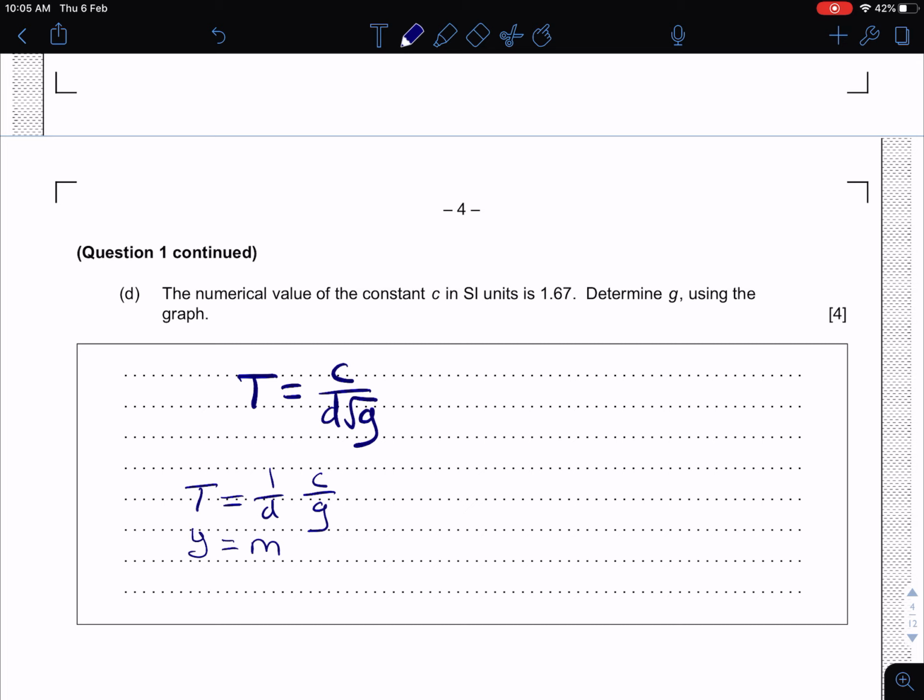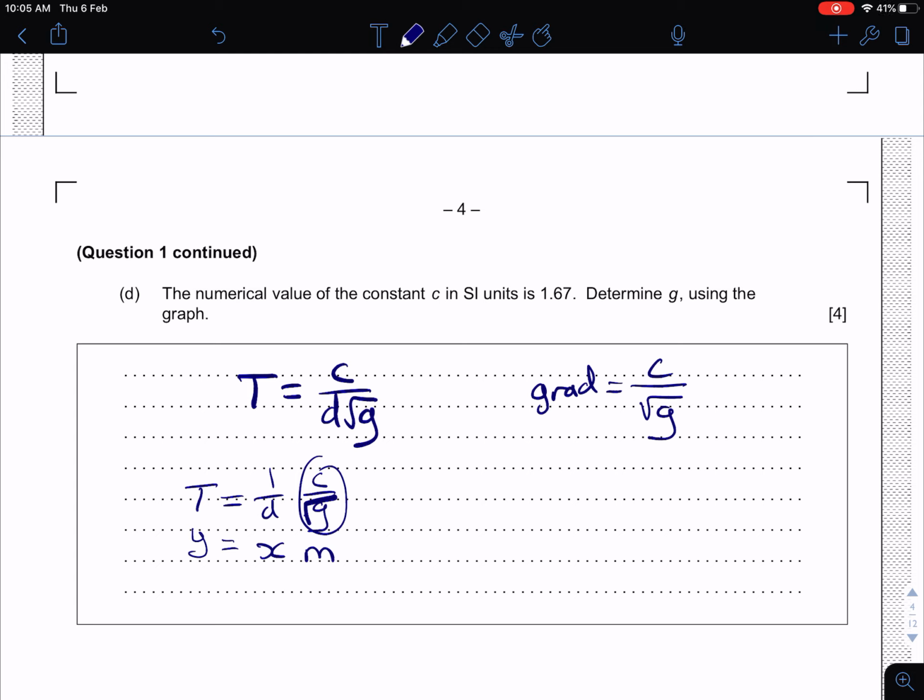That's our x-axis. And that's our gradient. So the gradient is C over root G.